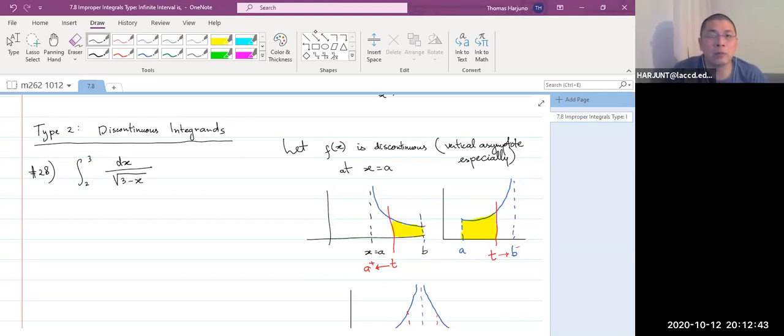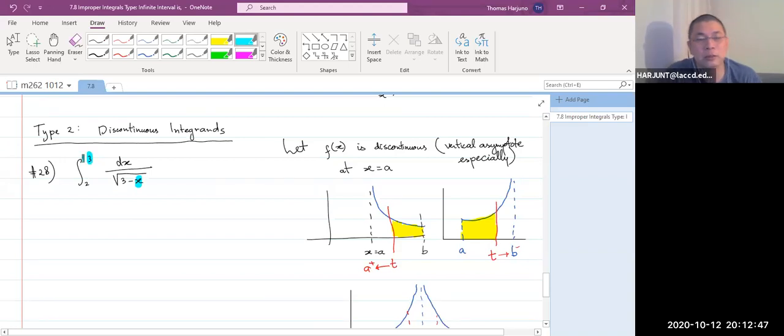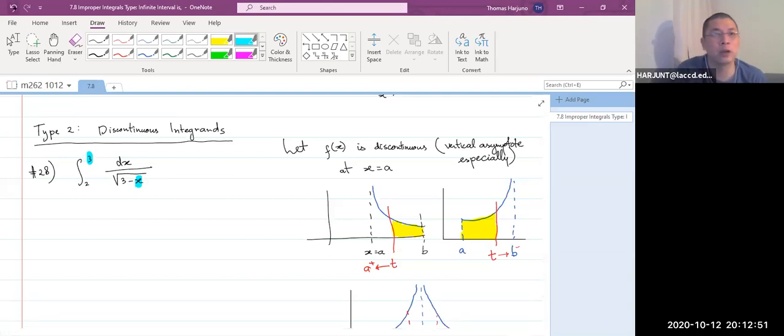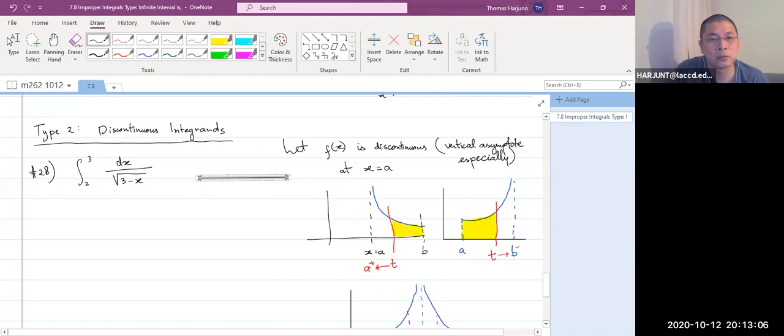You see, it becomes undefined when x equals 3. You can try to visualize what happens with the interval. So the interval is from 2 to 3.